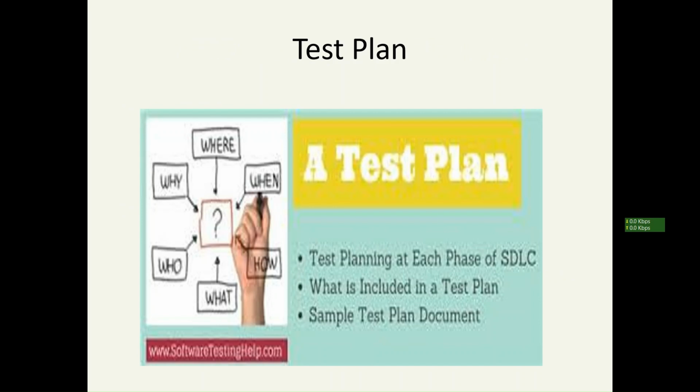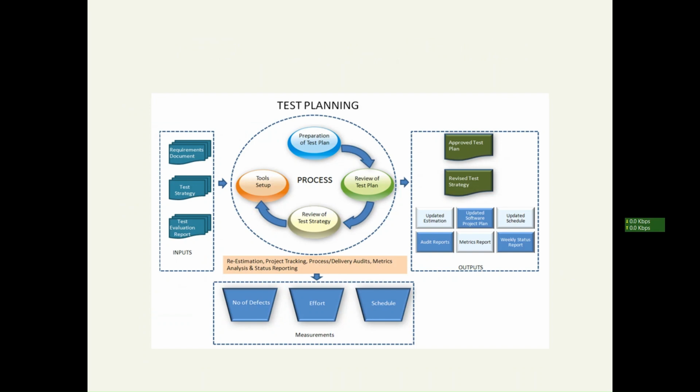As I told you, the test plan tells who, what, how, to whom, why, where, when, and how. All these questions will be answered in your test plan document. Next, what are the inputs needed for preparing a test plan document?